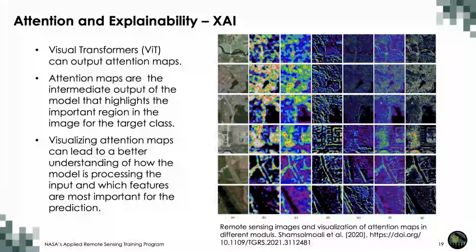One really useful thing that comes out of that are these attention maps, basically maps from the inputs that show where the model is paying attention. That can tell us what features are more important in leading to the prediction that it made. It highlights the important regions of the image for that target class. These can lead to a better understanding of how the model is processing the input and which features are most important to the prediction.